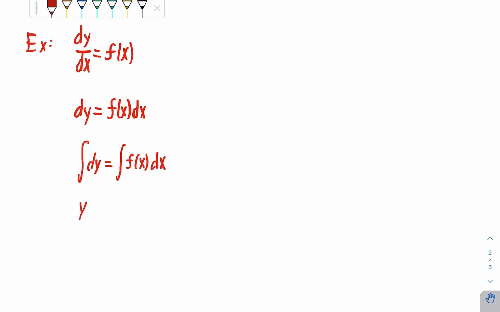Thus we have y is equal to the integral of f of x dx plus c. And that is how we deal with separable differential equations.